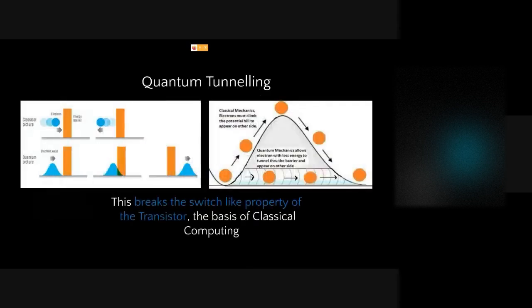And the problem that occurs at this size is that classical computing works on the principle of 0 and 1, on or off. That means if we don't want electricity to flow, we can stop it. But at this level, instead of bouncing off the barrier, which stops the flow of electricity, the electron is able to flow through the barrier.